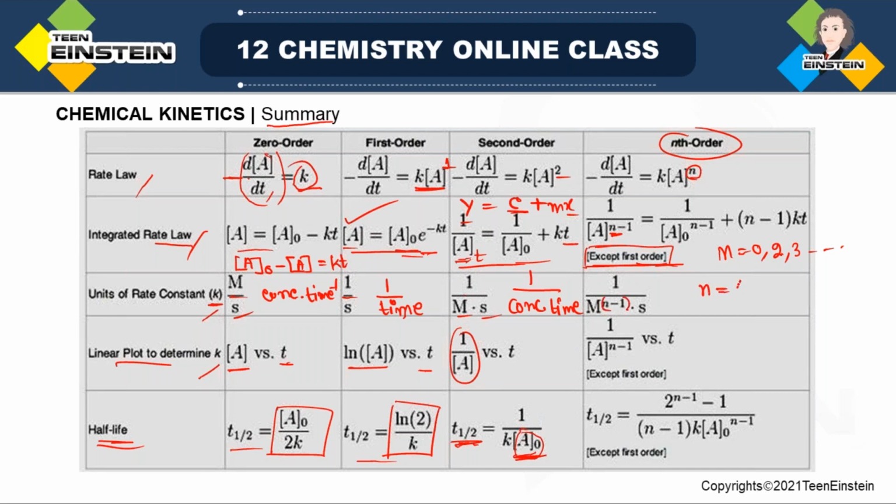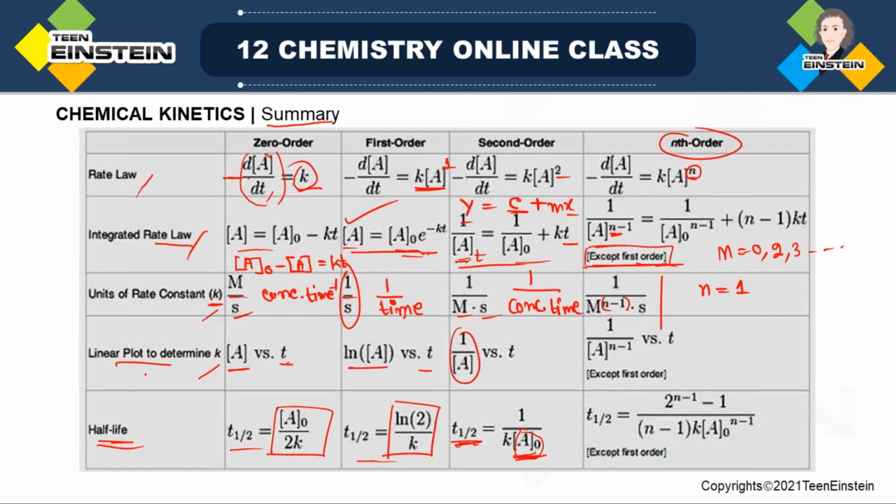If you put n equal to 1, that means 1 by M to the power 0 into s, so it will simply be converted to 1 by s. And for first order reaction also, the unit of rate constant is 1 by second. So this general expression is applicable for 0, first, second.